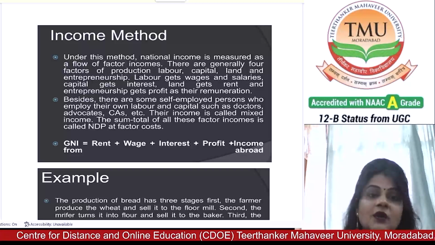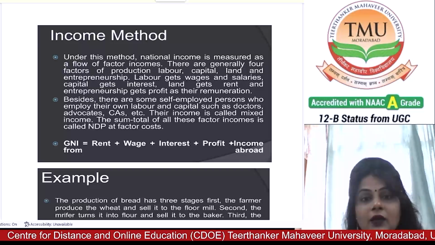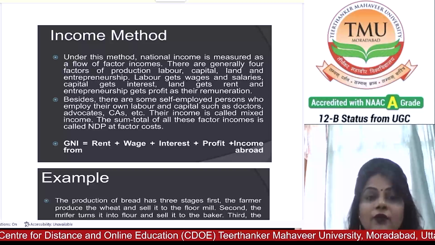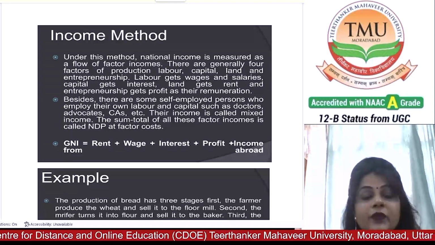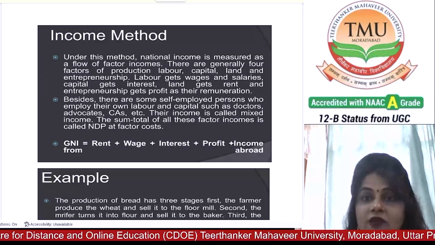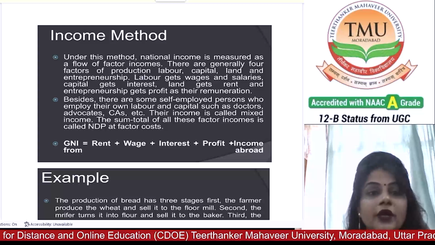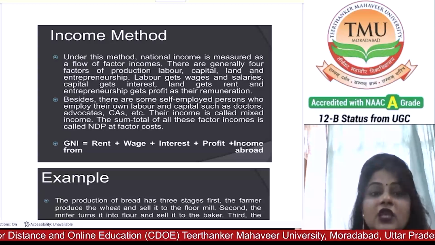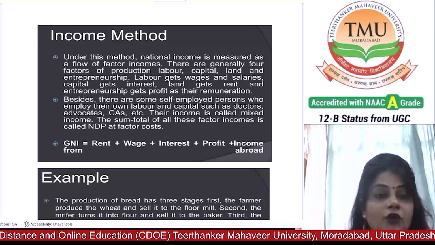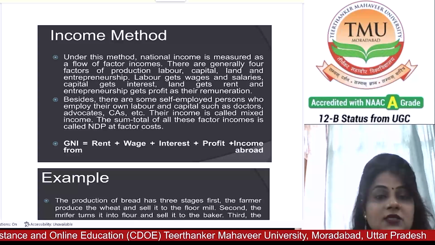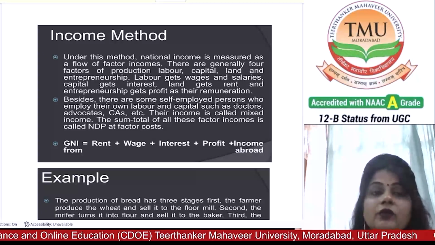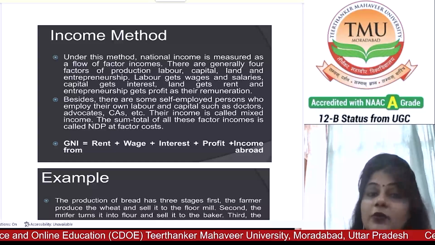The term mixed income is used for any kind of income which has more than one kind of factor income. It arises from self-employed workers' productive services. The income of these workers includes profit, rent, wages, and interest and cannot be separated from each other.